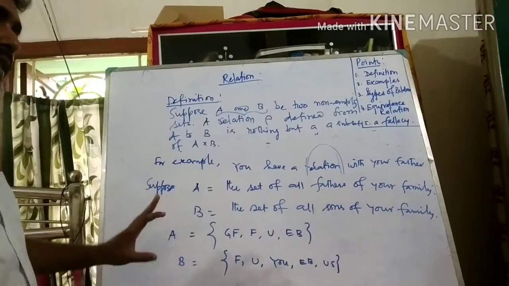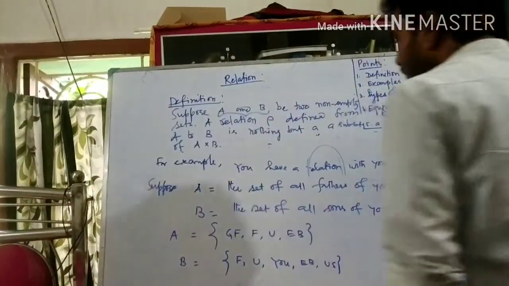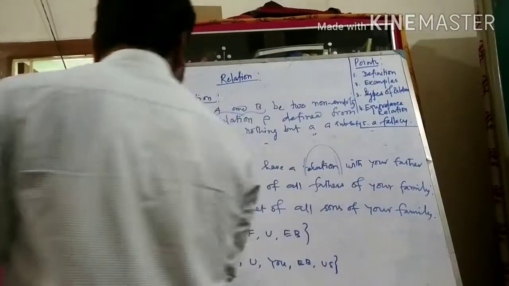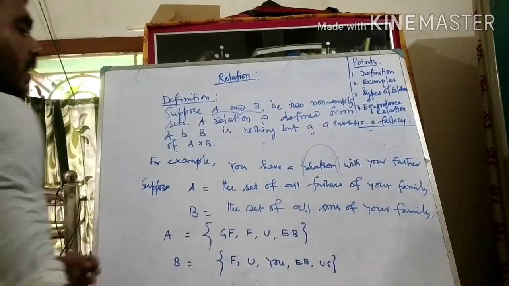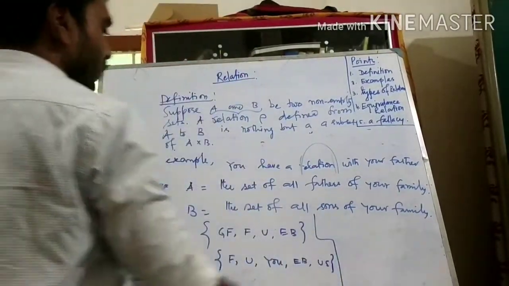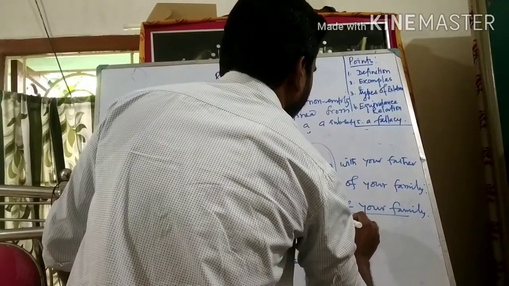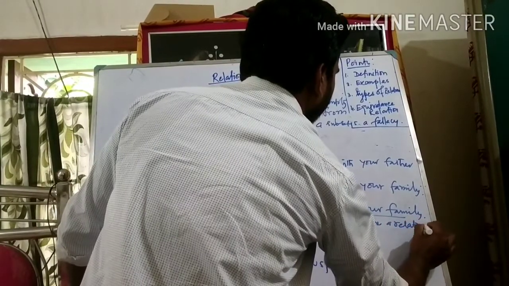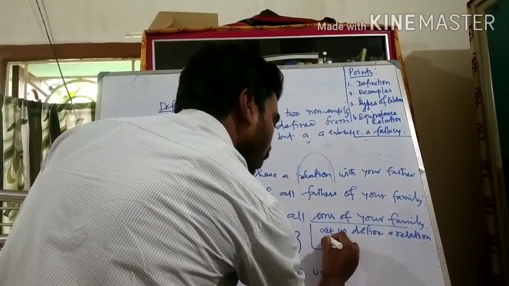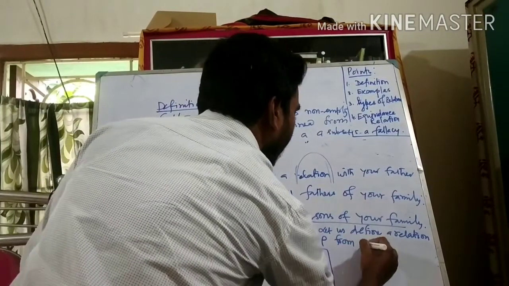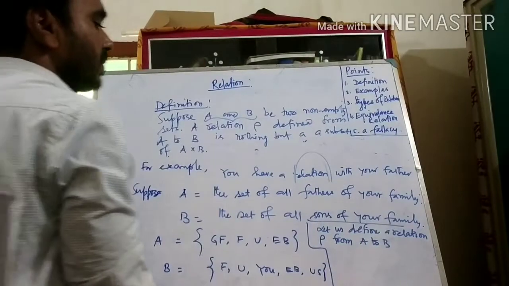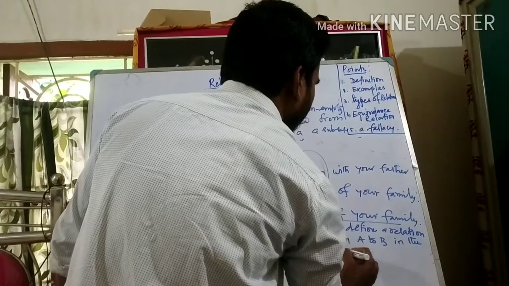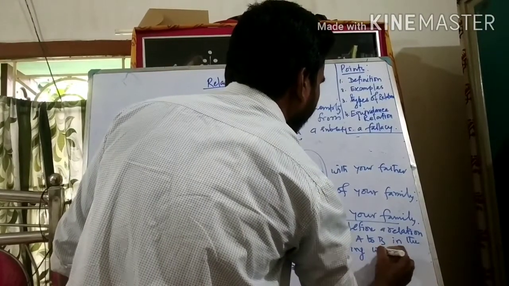So we have got two sets A and B. Now we are going to describe this relation in this way. Let us define a relation rho from A to B in the following way.